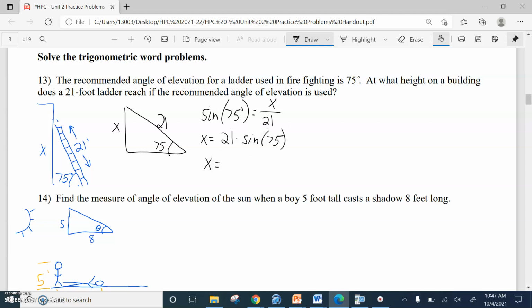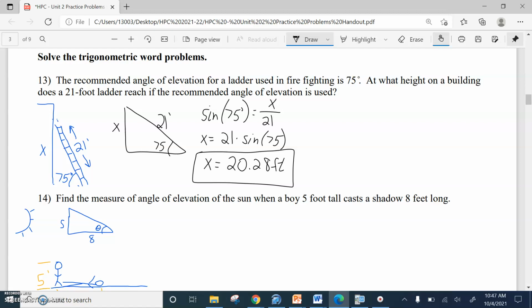When you plug that into your calculator, you should get 20.28 feet. That's units of feet. So do make sure in word problems you check the units. So first step, read the problem, make sure you know what you're doing, and set up the picture. Step 2 is solve the problem with the calculations at hand.